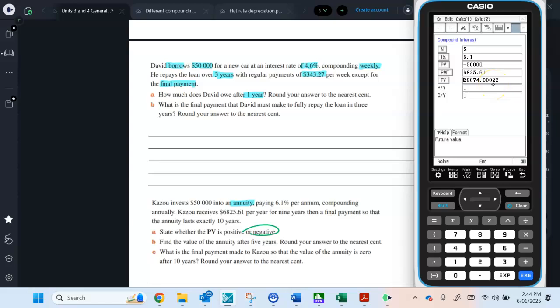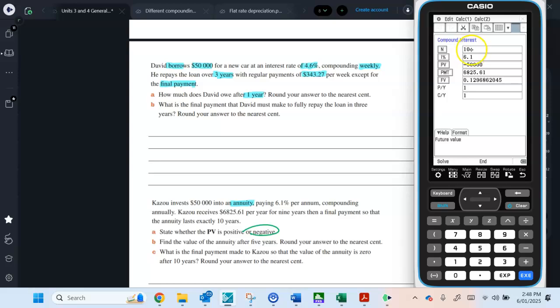All right, what is the final payment made to Kazoo so that the value of the annuity is 0? All right, so if we do it for 10 up here, and then change your future value, you can see how it's got 13 cents left.